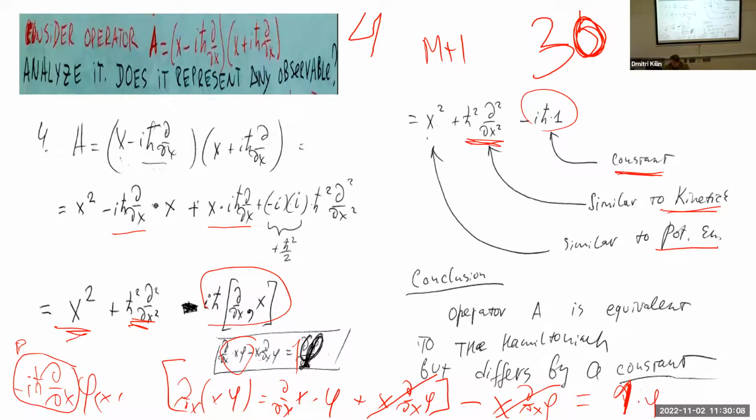Okay, and I think these two statements should be about 10 points each. If you identify that it is similar to kinetic and potential energy, that's good. Why is this combination not exactly equal to kinetic plus potential?